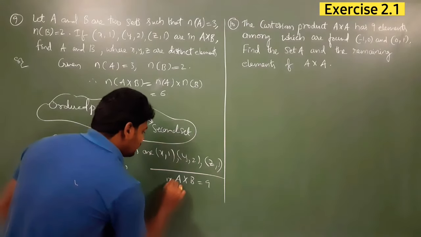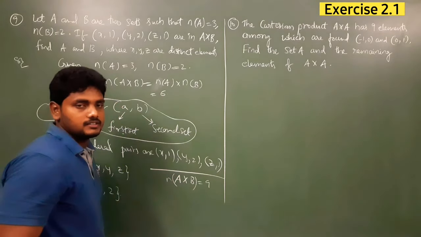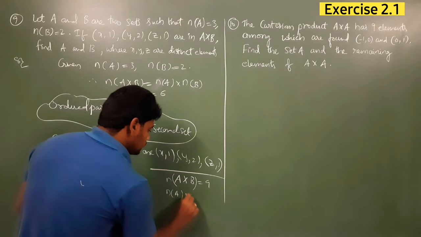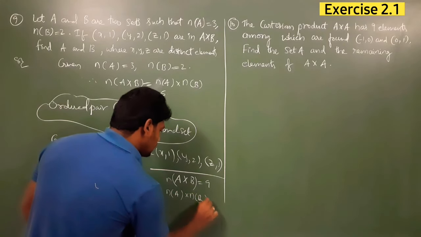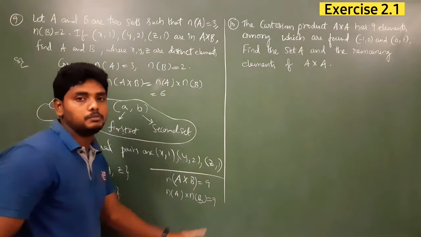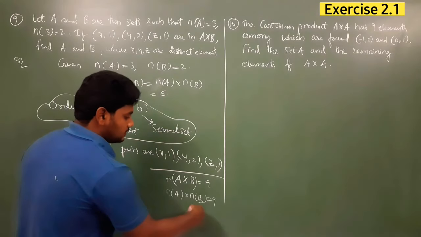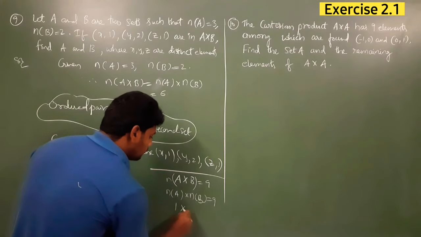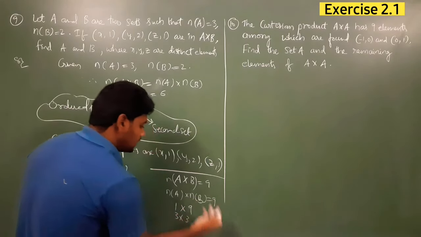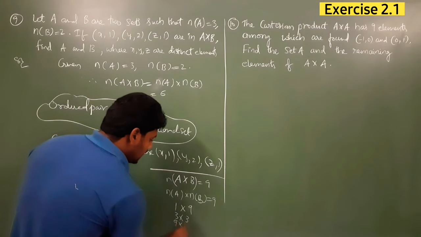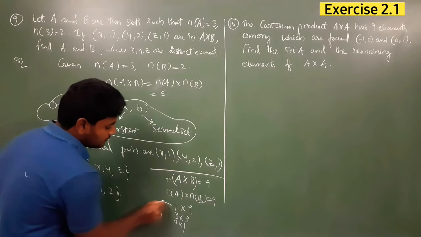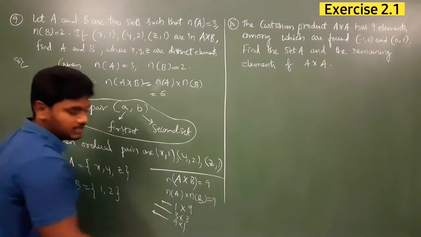Why? Because n(A × B) is 9. Then what may be n(A)? It should be a divisor of 9, like 1 into 9 elements, or 3 into 3, or 9 into 1. That means the possible number of elements of A is either 1 or 3 or 9.